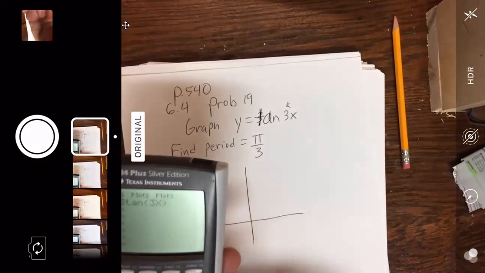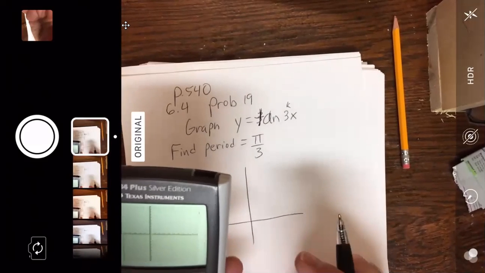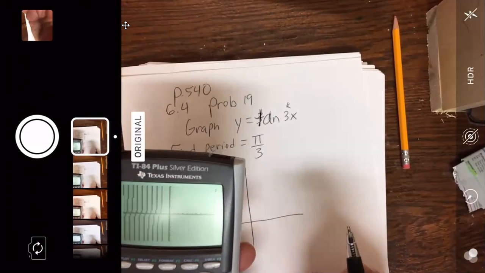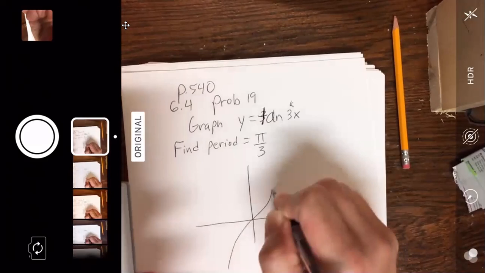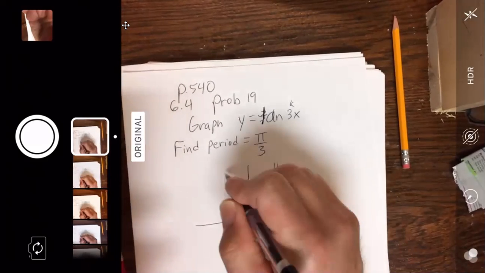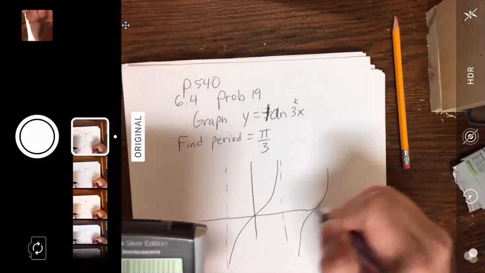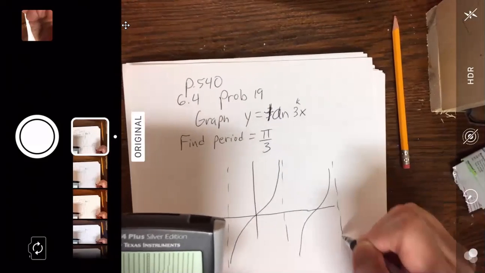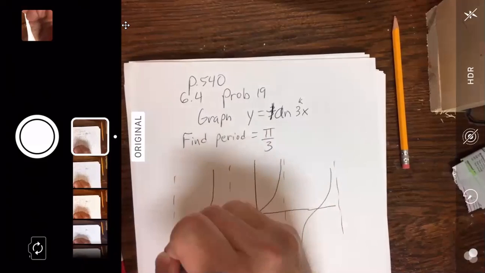Graph. Notice it's a lot tighter. Still goes through the origin. It's just a lot tighter. You really only have to draw the center one.